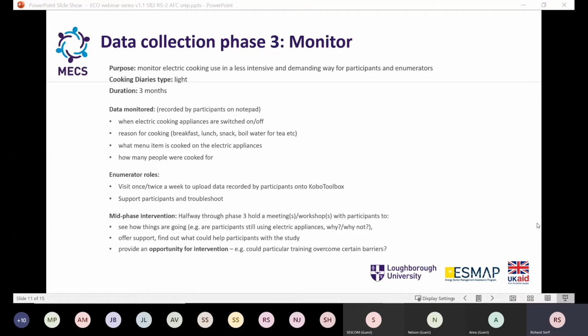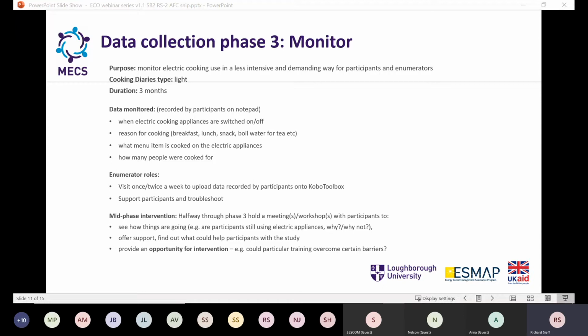For example, it might be that data from phase 2, transition, and phase 3, the light cooking diary, shows that participants are only cooking certain menu items in, for example, an EPC. In the middle of phase 3, you might hold a meeting or workshop to work out why this is. Perhaps participants tell you that they don't believe these other dishes are possible to cook in an EPC.